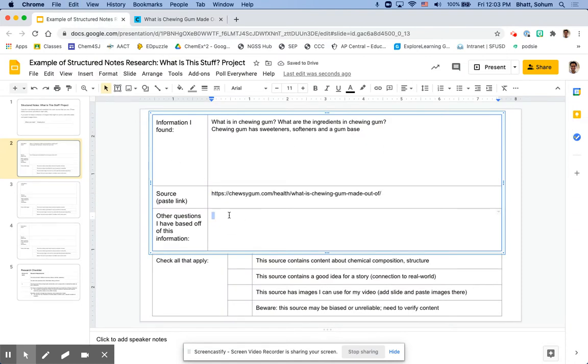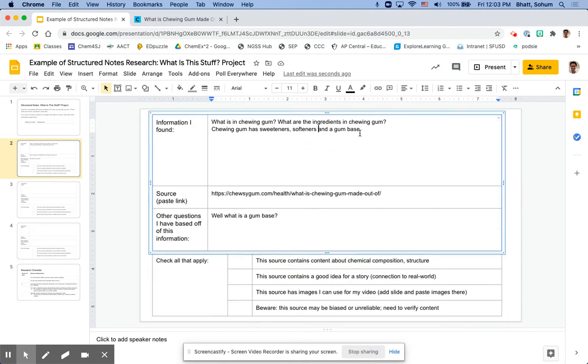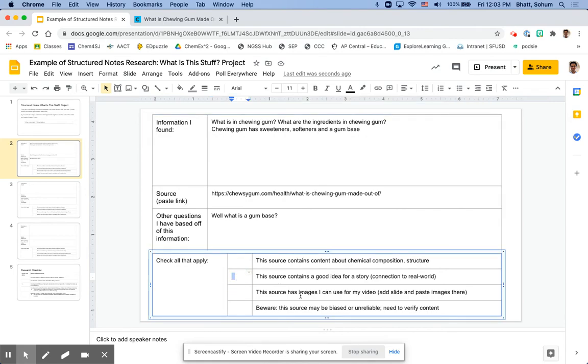And then a question I have is, what is a gum base? Over here on this source, does it contain content about chemical structure? Not really. Is it a good idea for a story? Maybe. Does it have images that I can use?